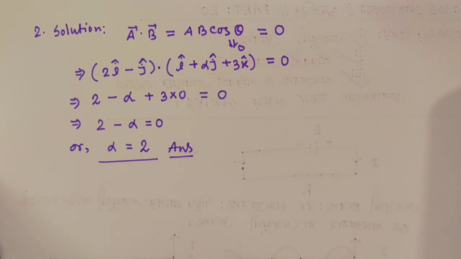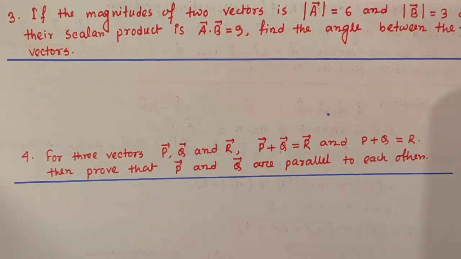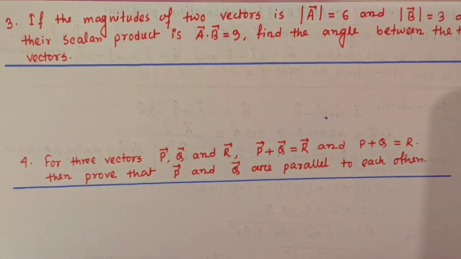Okay, now let's go to the next problem. So now question number 3. If the magnitudes of two vectors are 6 and 3 and their scalar product is 9, find the angle between the two vectors. So it's very easy and simple. We already did it in question number 1.